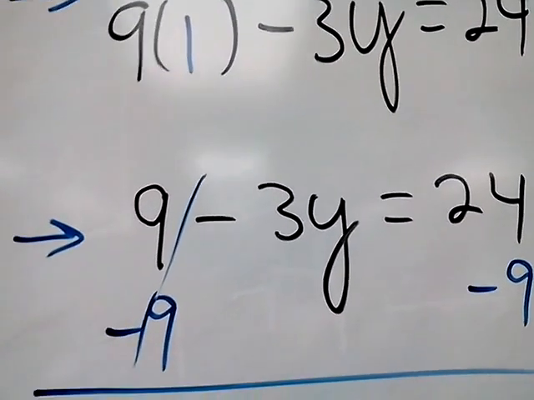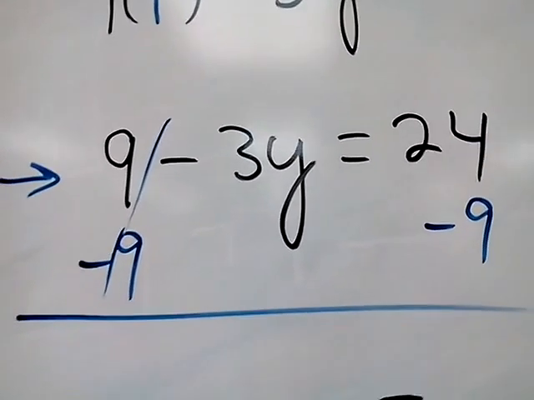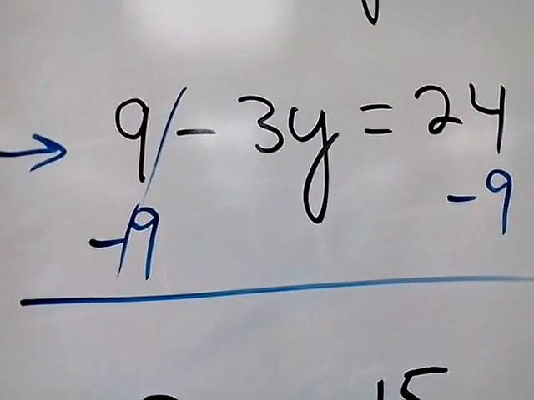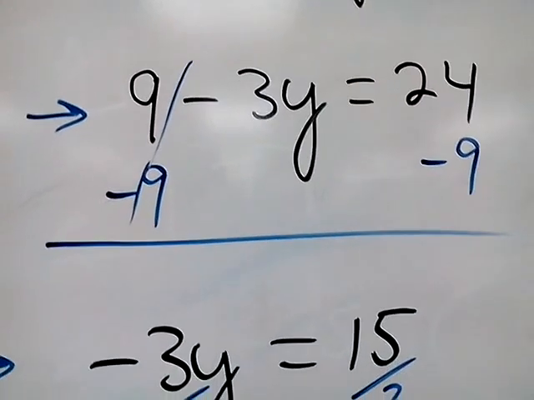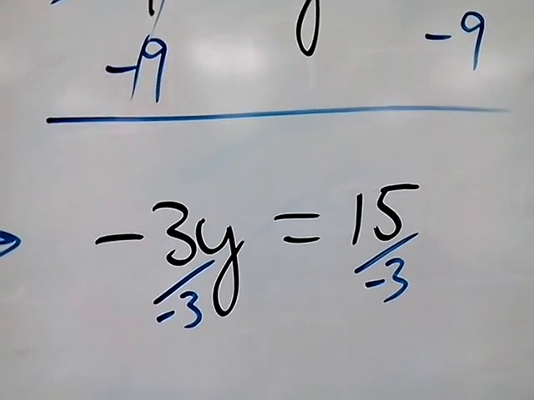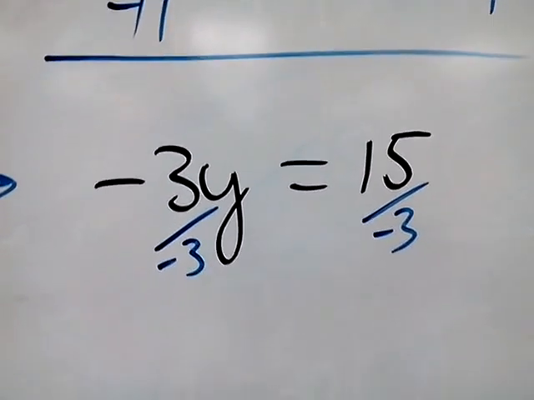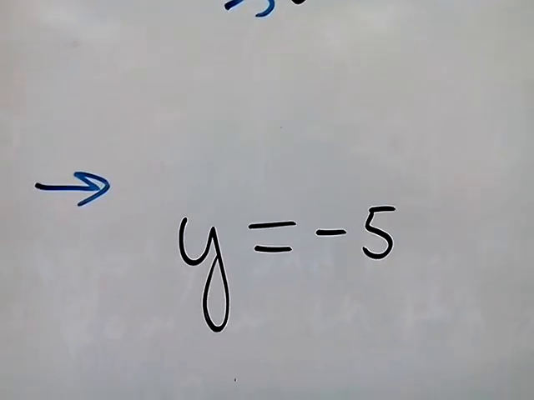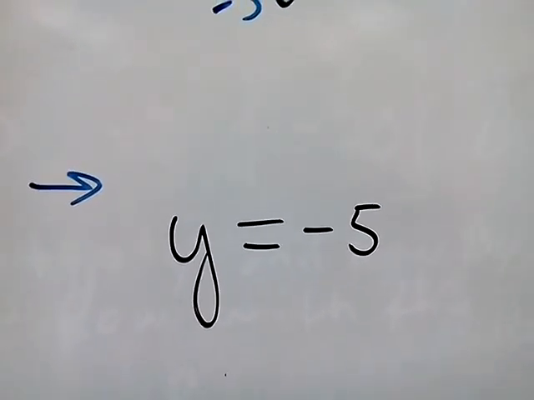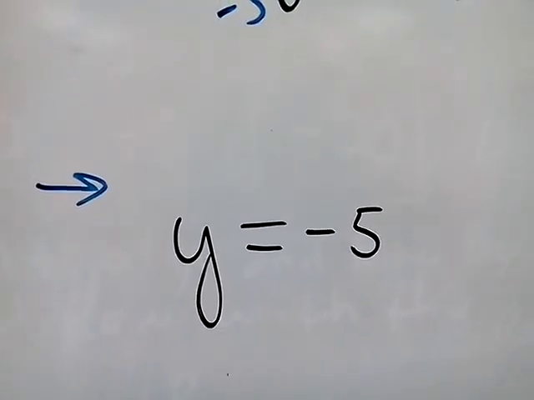Substitute 1 in place of x. We get 9 minus 3y is equal to 24, and then solve it for y. We find out that y is going to be equal to -5. So the solution to our system is 1 comma -5.